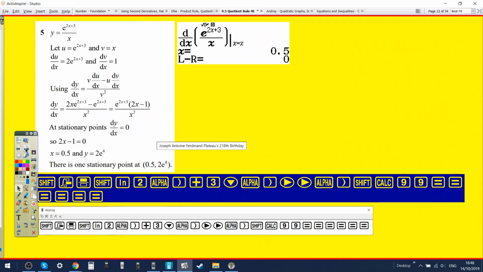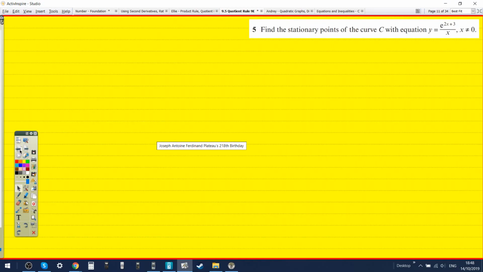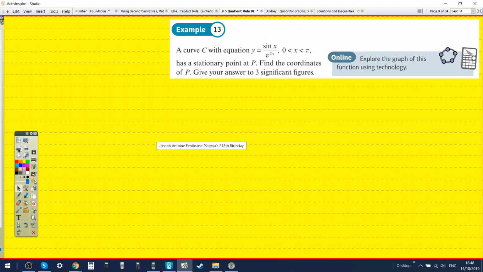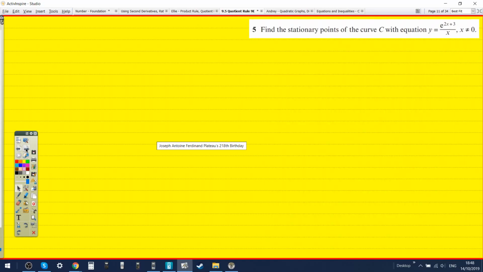So I just want to go to this one, the stationary point type. How would we do this one? Find the stationary point. Would you know how to do it with a calculator?